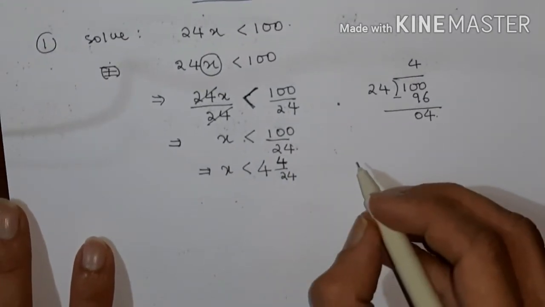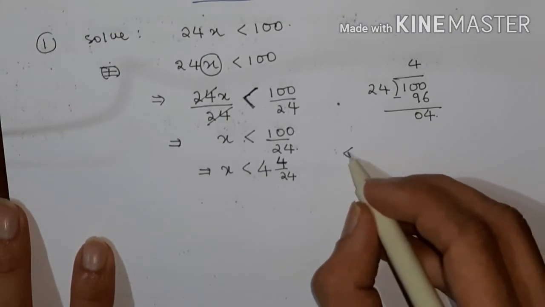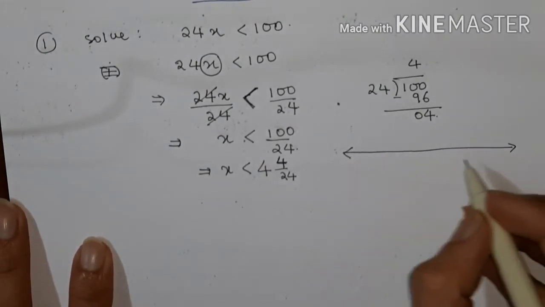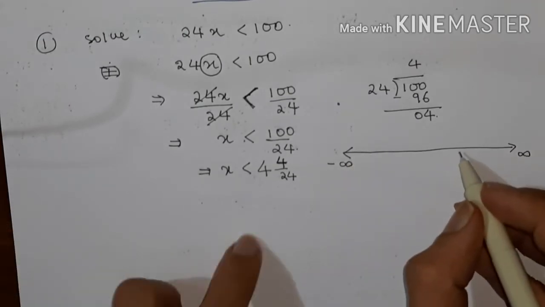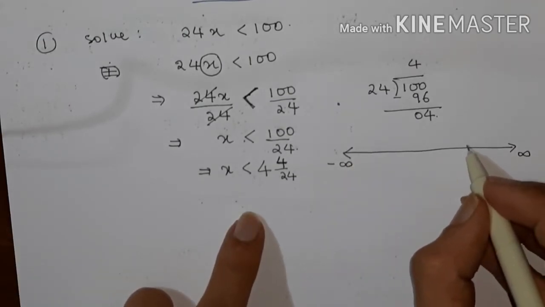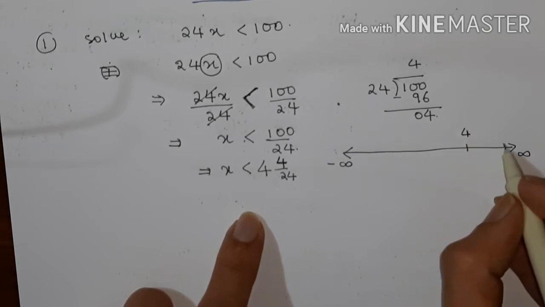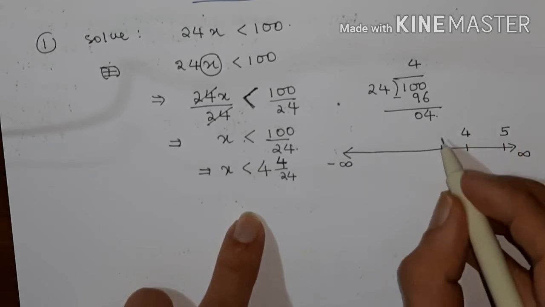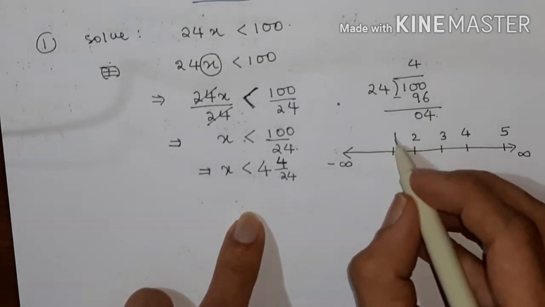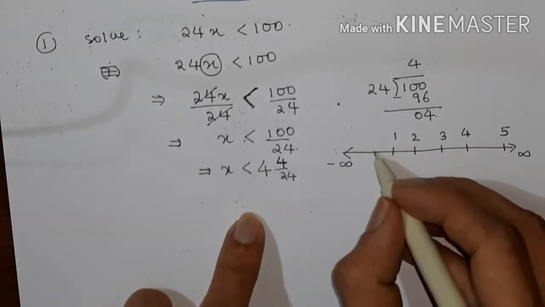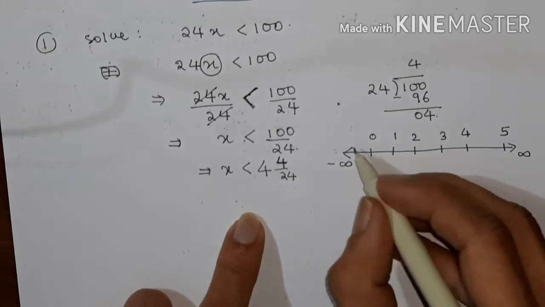Now on the number line, this is minus infinity, this is plus infinity, and here you have 4, 5, 3, 2, 1, then 0, then minus 1.